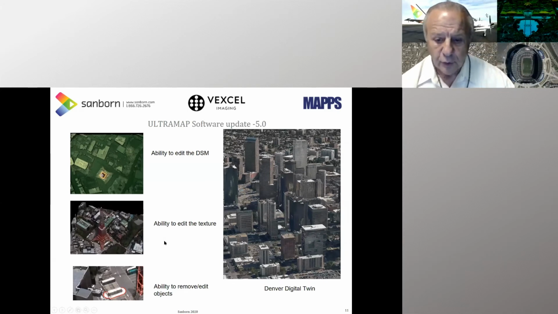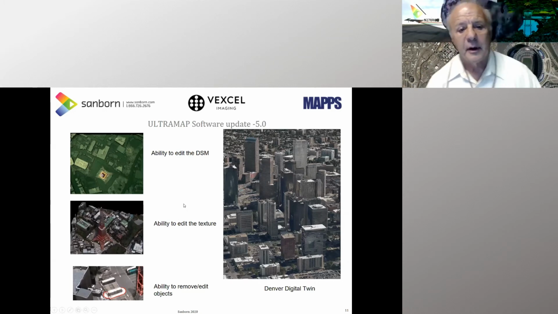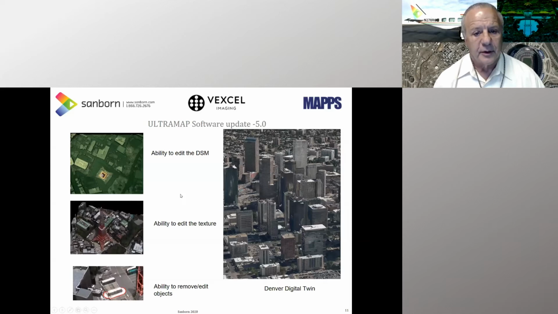So what's new in the Ultramap software that works with the Osprey is the ability to edit the DSM. Previously, you got what you got when you ran the software. Now you can go in, you can edit the DSM, you can edit the textures, you can remove or edit objects.